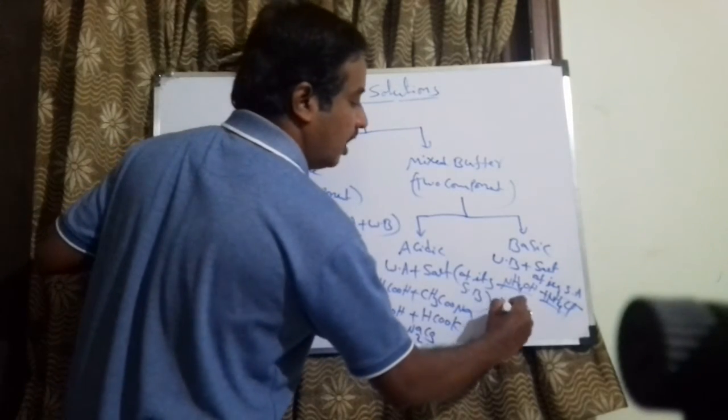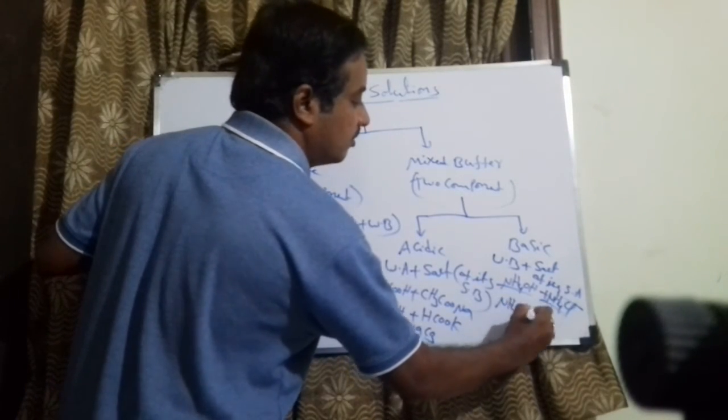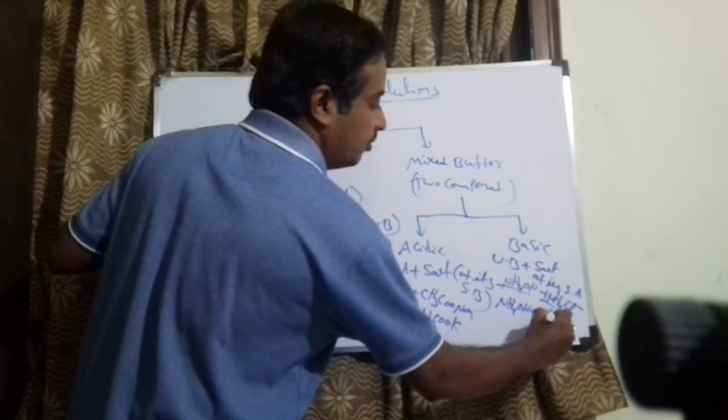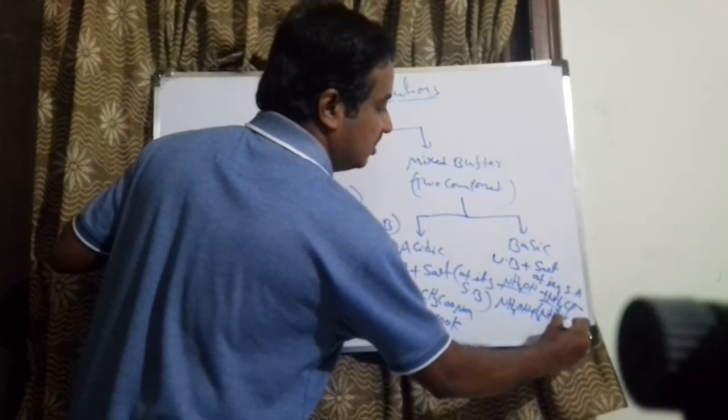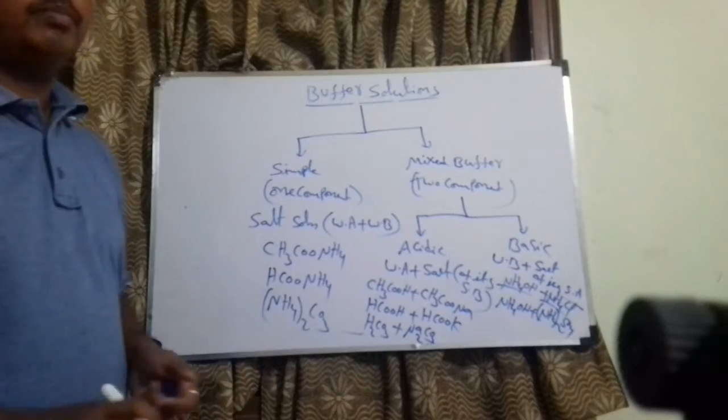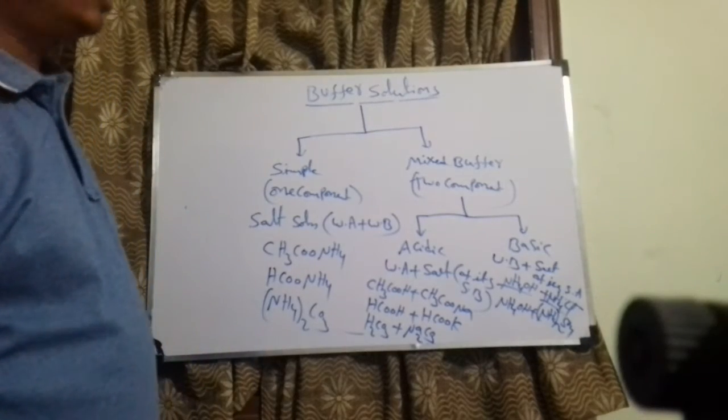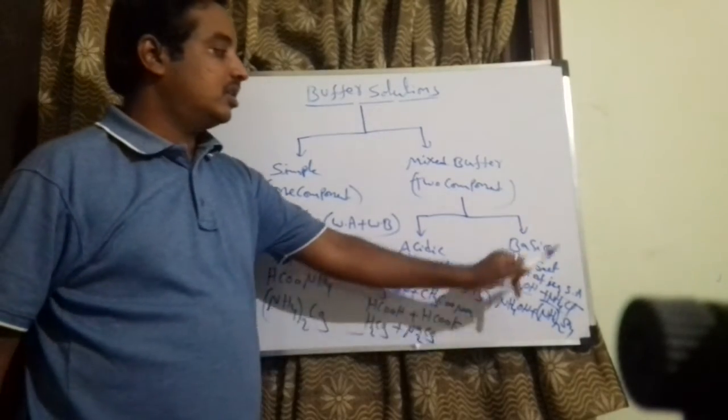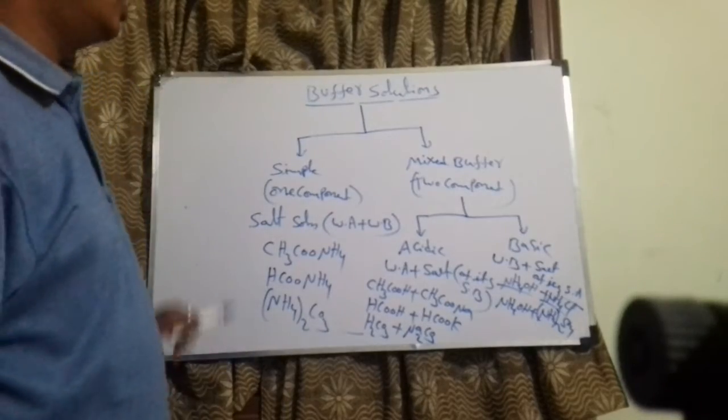Another example: ammonium hydroxide plus sulfuric acid gives ammonium sulfate, (NH4)2SO4. These are examples of a weak base and the salt of its strong acid.